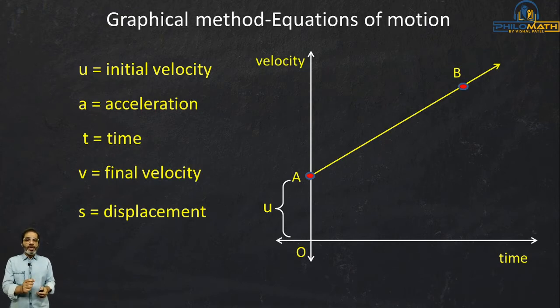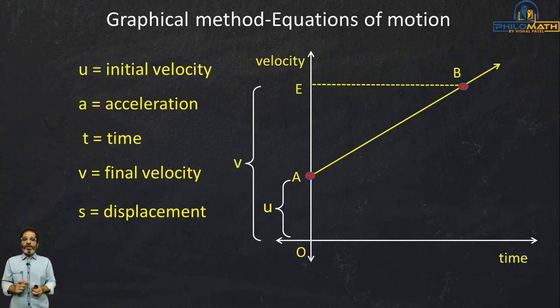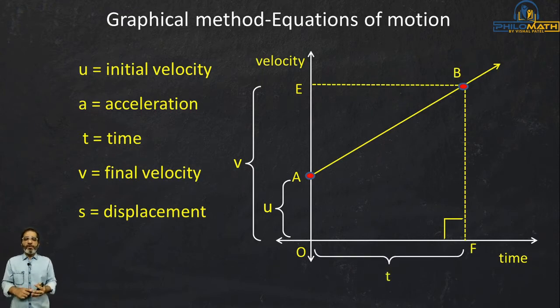From B, if I draw a perpendicular to the y-axis, let that be point E. So EO will show the final velocity of the car. From B, if I draw a perpendicular to the x-axis at point F, OF will show the time for which I have accelerated the car.